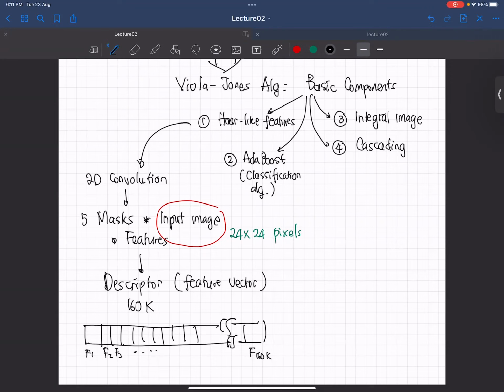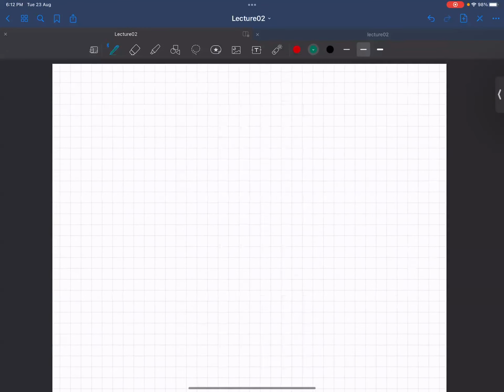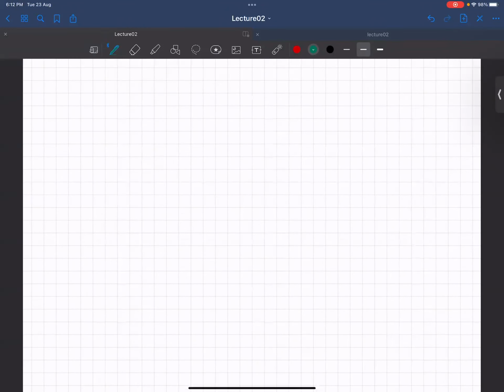Right. So if there are no questions, let's move on to the second component, which is the classification algorithm. We have the AdaBoost algorithm here.